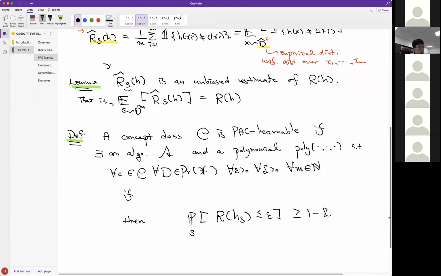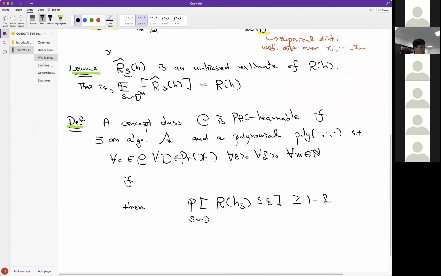Let's first try to understand what this conclusion is telling us. Given m independent samples, this h of S is the output of the algorithm A when it's given this S together with the corresponding y1 up to ym.